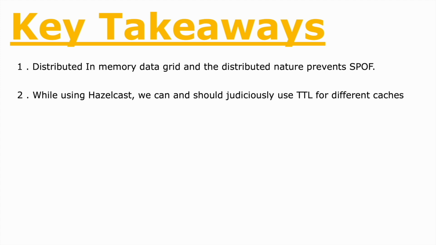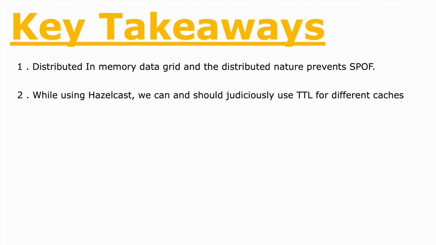And second, while using Hazelcast, we can and we should judiciously use the TTL, or time to live, concept for different kinds of caches. We can have different kinds of caches in Hazelcast for a particular application, and different types of caches can have different time to live. Say, for example, a cache which contains a list of all countries or currencies can have a much longer TTL.